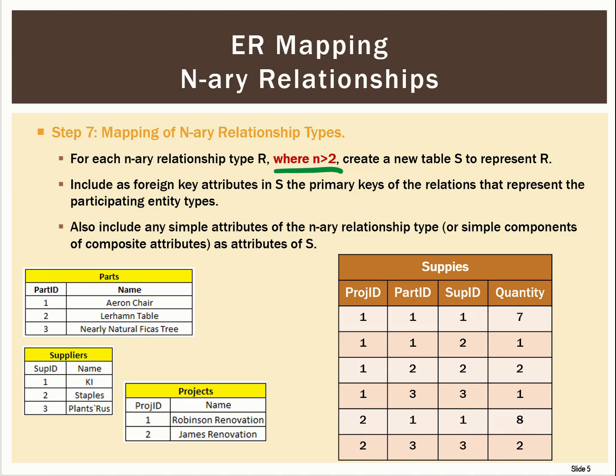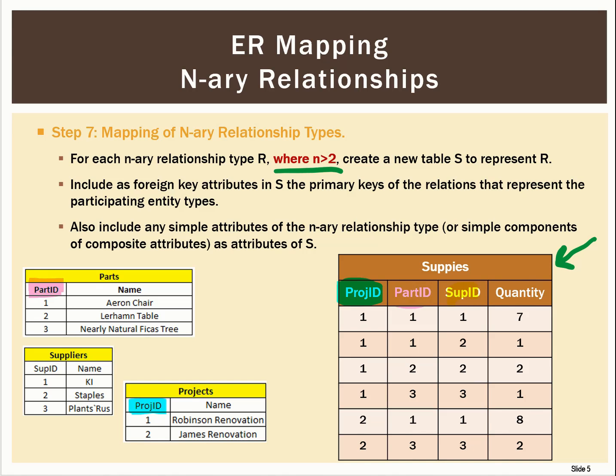So we'll make a new table called supplies, and that table will represent the relationship. And then there will be as many foreign keys as there are entity types in the relationship. So we have the project ID, which is a foreign key to the project ID in the project table. And we have the part ID, which is a foreign key to the part ID in the parts table.